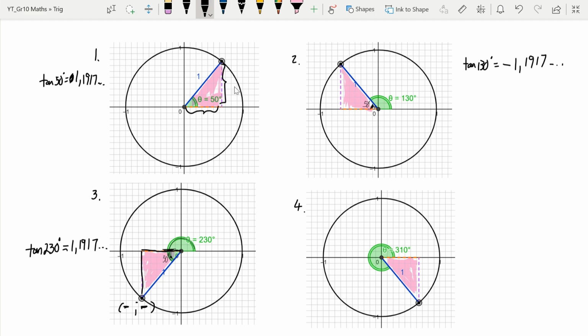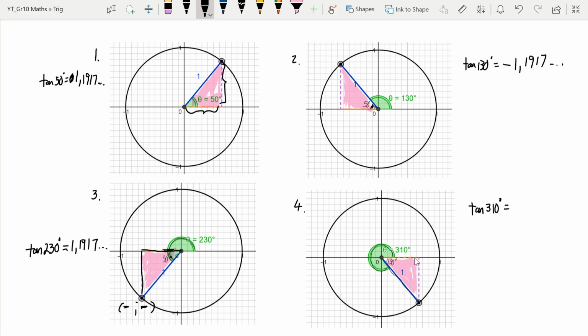And then in the last quadrant, so over here, how do we know the triangles are congruent? Well, that little angle over there must be 50 because 310, that gets me to that position where I'm at on the unit circle, plus 50 would get me to my full revolution of 360. So definitely congruent triangles. And in this quadrant, according to the cos diagram, we know that our tan will have a negative ratio.